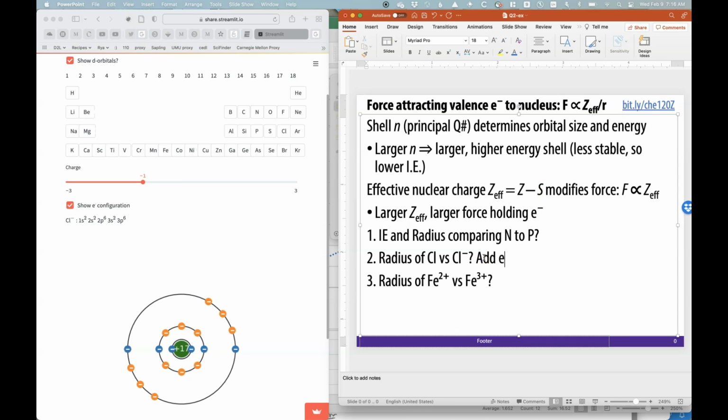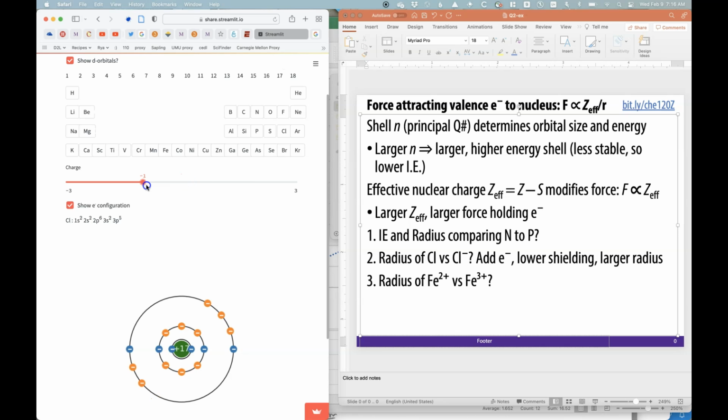So add electron. Again, anytime I add an electron, that's what's going to happen. Increase my size.